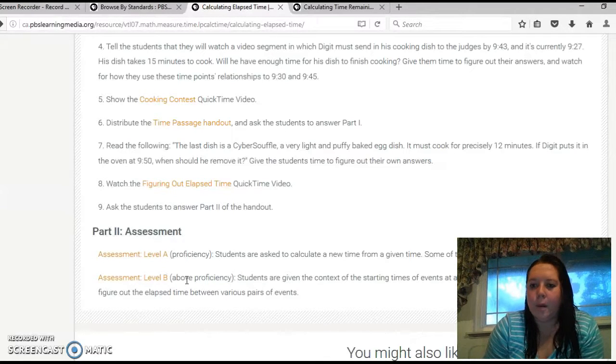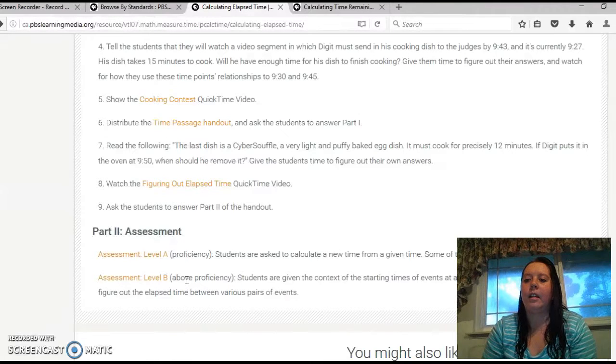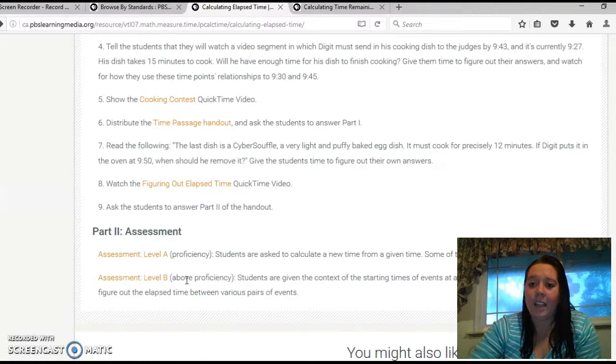I would have them go onto a movie website or look in the local newspaper where they can find movie times, and they could go and try to figure out time, in that they would have to look at the starting time of the movie, figure out how long it would take to get there using Google Maps, or just knowing how long it takes to get to the movie theater. Plan that out, know how long the movie is, add that elapsed time so they know when they'll get out of the movie, and then they'll know when they can go and eat dinner.